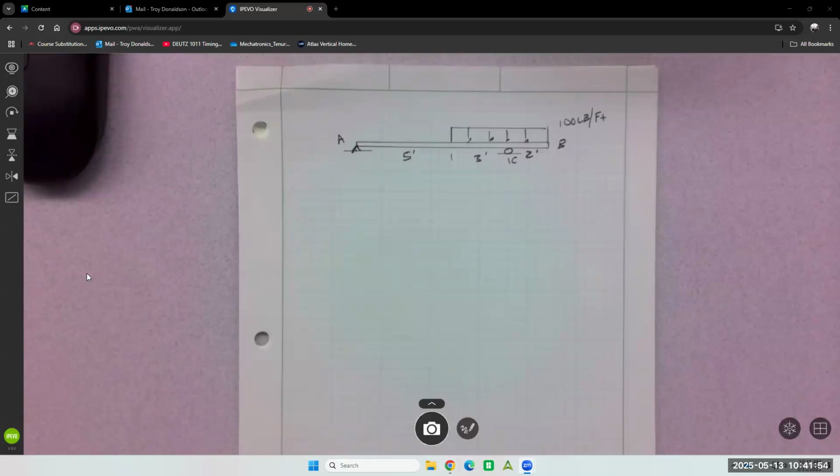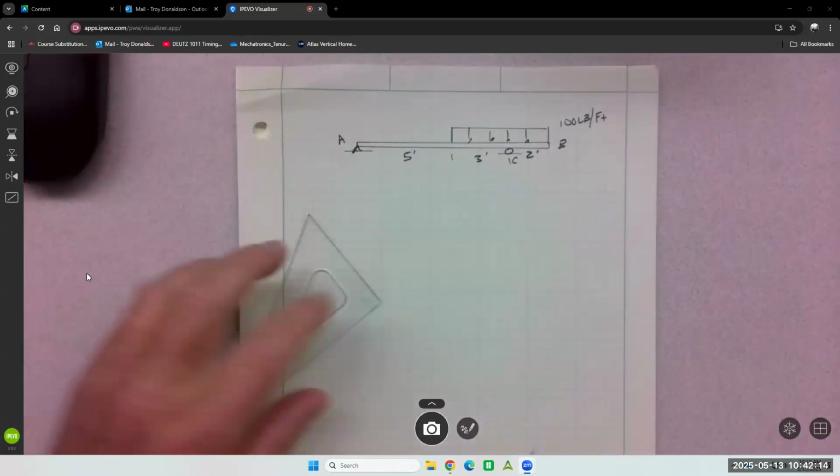Let's remind ourselves how to do this. Anyone remember what we do first? Concentrate the distributed load, or draw the free body diagram, either one, same thing, because the free body diagram would have a concentrated load. So on the free body diagram, how many reactions go in at A?